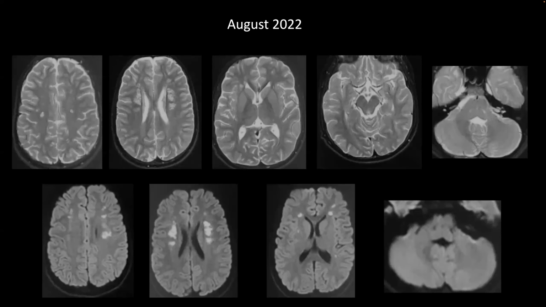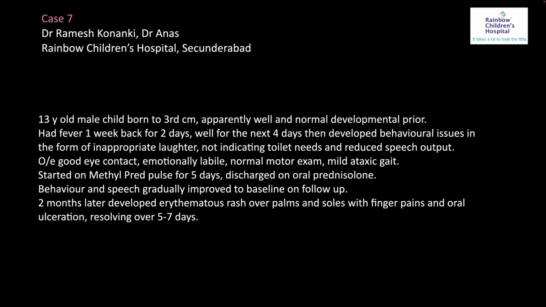Anas? No hypertension, I guess. Yeah, nothing in these people. Yeah, no hypertension. You have Dr. Ramesh on the chat. Frankly, I've never seen CARASIL in children, but I don't know.